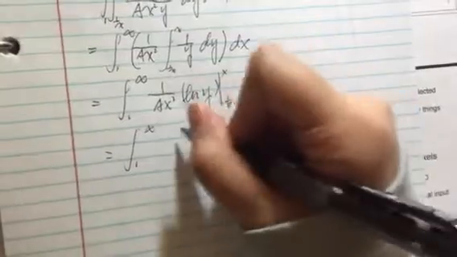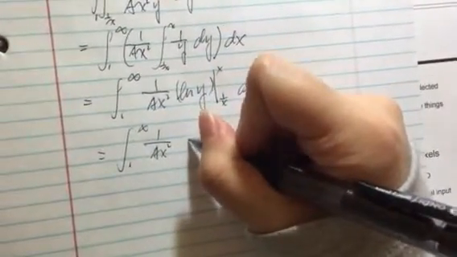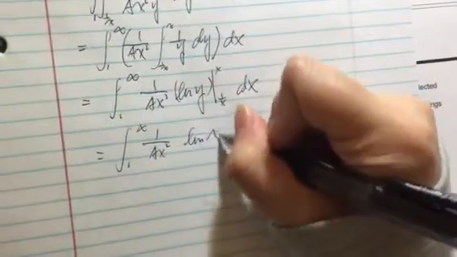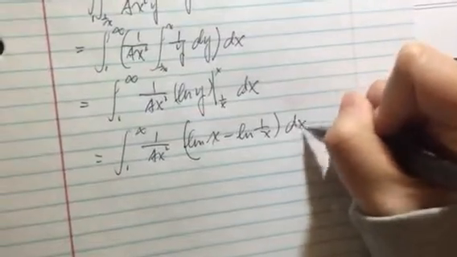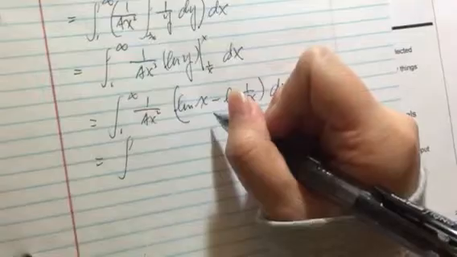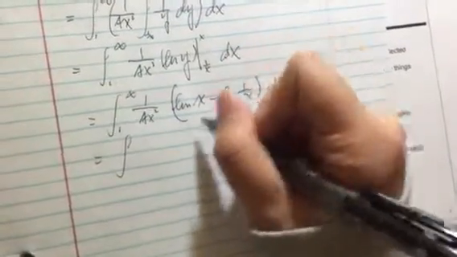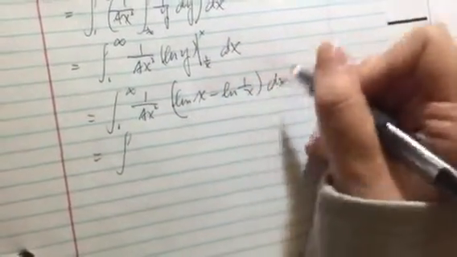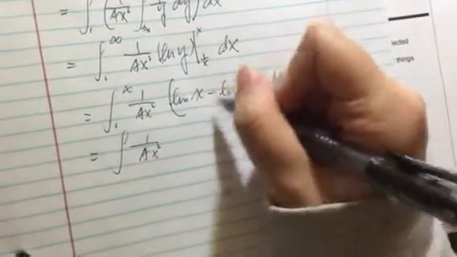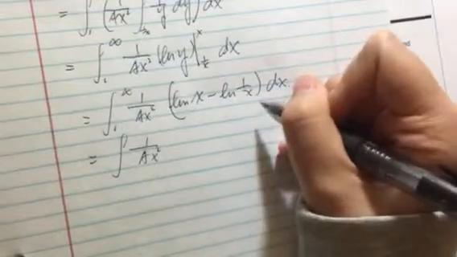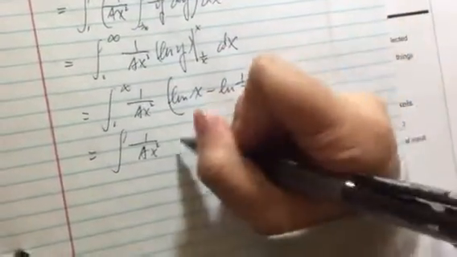The integral of 1 over a x squared times natural log x minus natural log 1 over x dx. And natural log a minus natural log b is natural log a over b. So we have natural log x over 1 over x, which is the natural log of x squared.